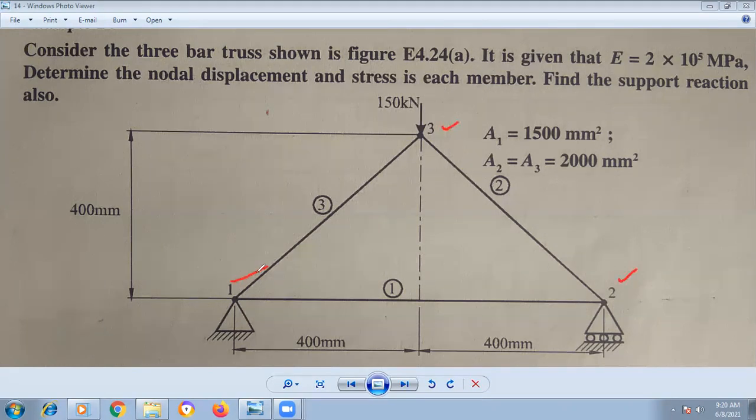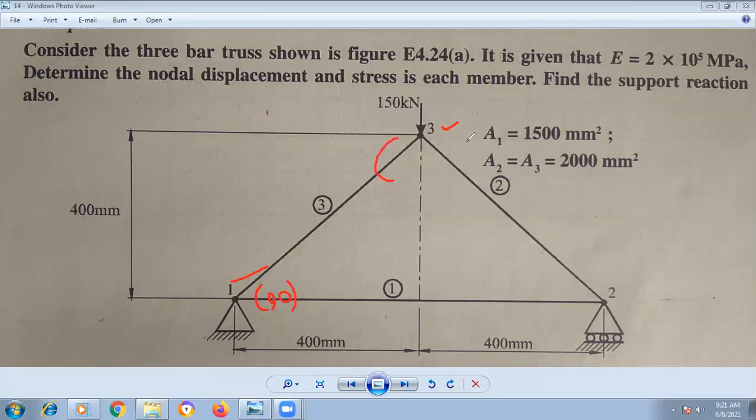The coordinates of node 1, if I take node 1 as origin, will be 0, 0. Can anybody tell me what the coordinates of node 2 are? 800, 0. Yeah, thank you. 800, 0 is the coordinates of node 2.